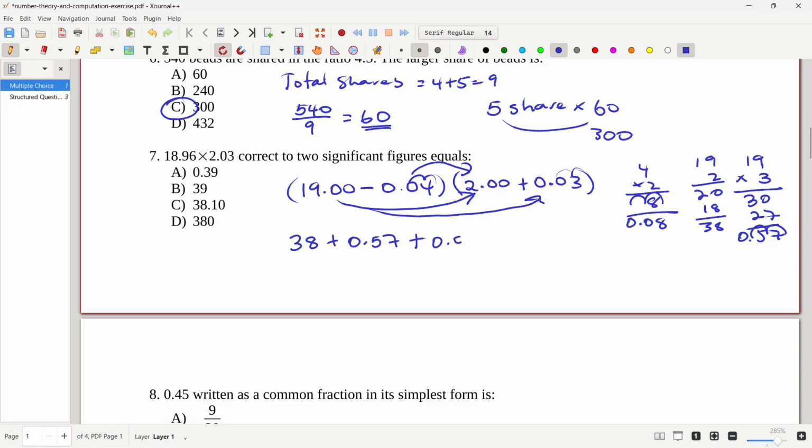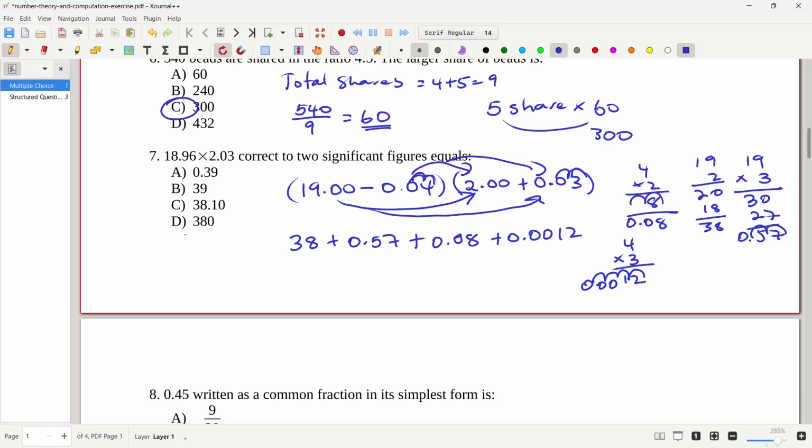Add that. And then finally, this one over here, which is 4 times 3 to give me 12. And that is 1, 2, 3, 4 decimal places. So 1, 2, 3, 4 decimal places, 0.0012, so plus 0.0012.